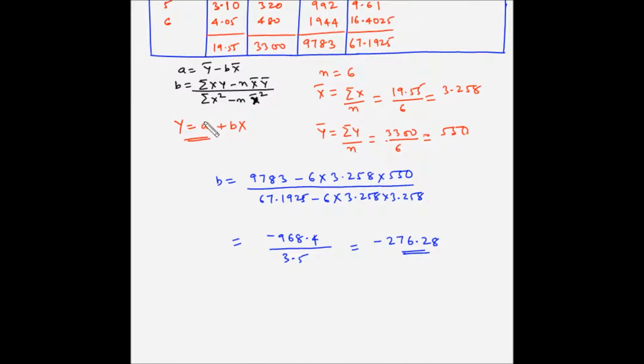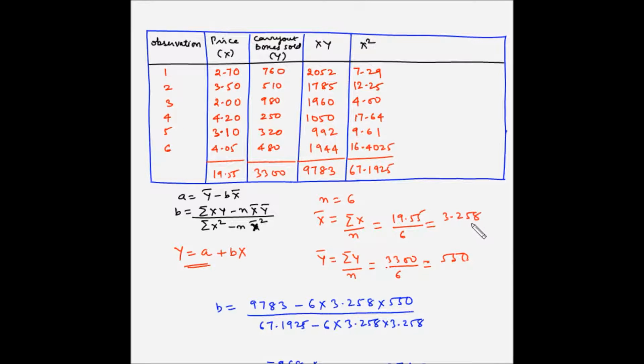Now let's find out the value of A using this value of B. So A is equal to y bar, which is 550, minus B, which is minus 276.28, multiplied by x bar, which is 3.258.